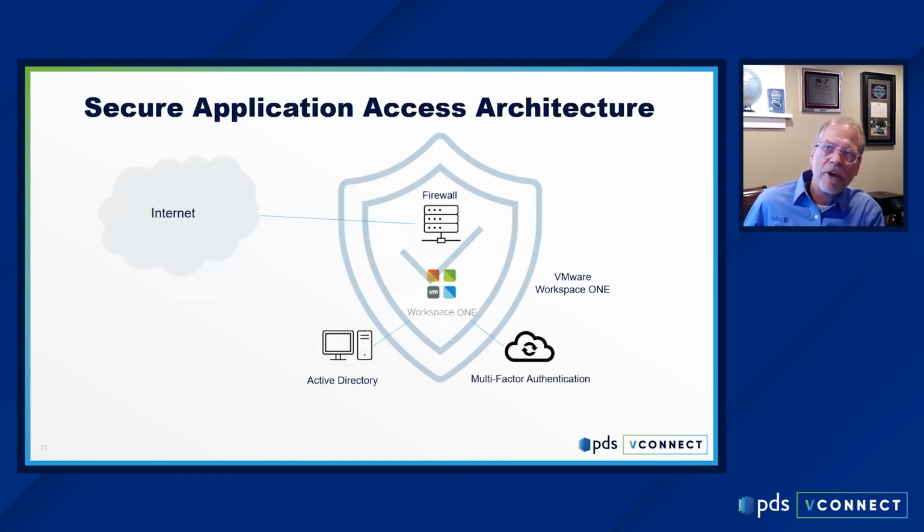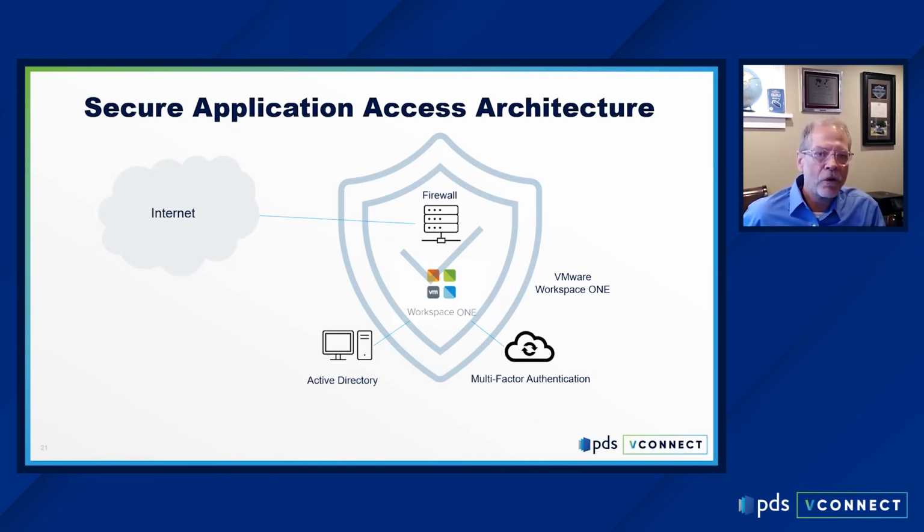The other type of access control I wanted to bring up is something that's really more from an application perspective. If your organization is really well organized and does a good job of delivering specific applications to specific end users based on their roles, then a secure application access architecture might be the route to take.